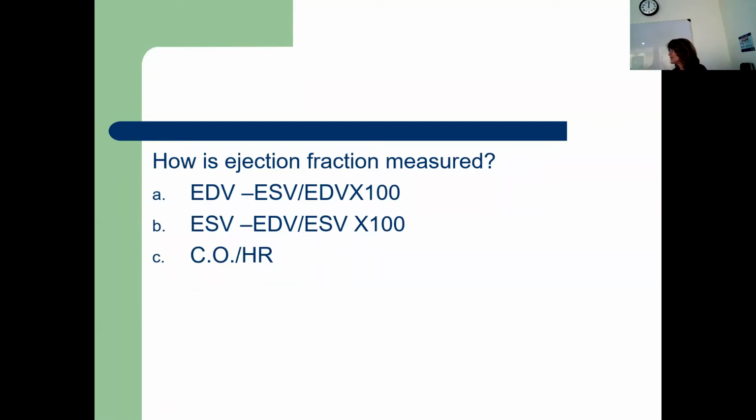So how would we get stroke volume? It would first have to be the volume before the heart contracts, so EDV. And then what is the volume after it contracts? ESV. Yes, very good. So letter A is the ejection fraction formula.